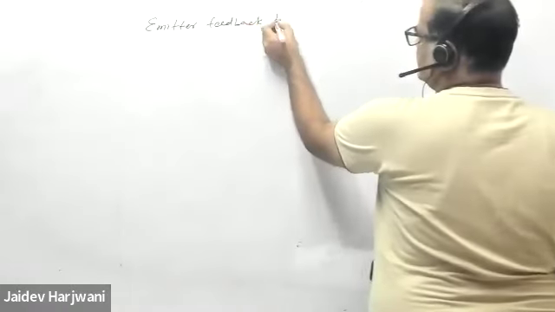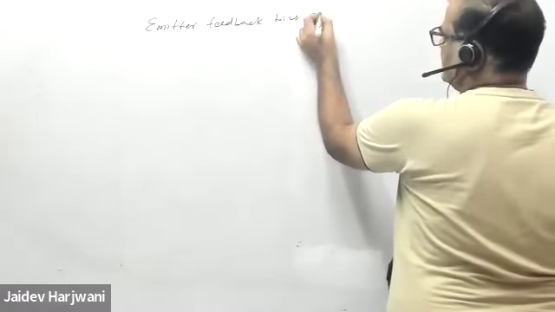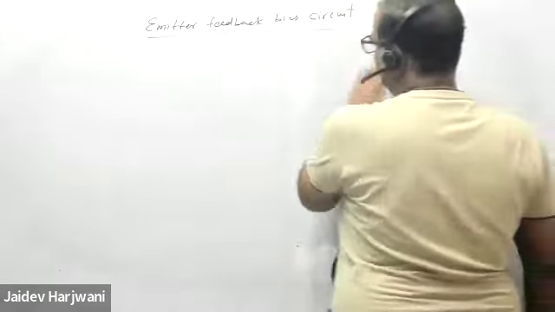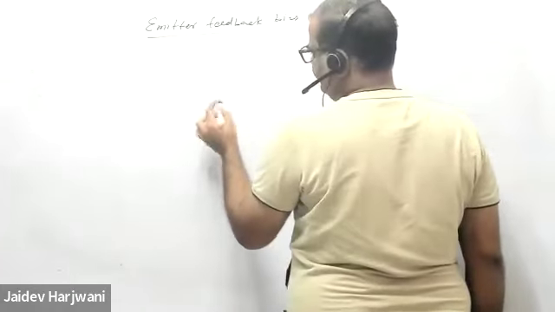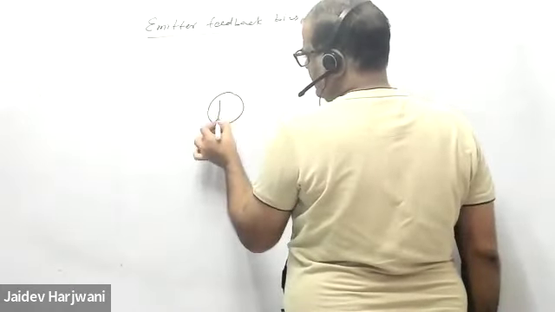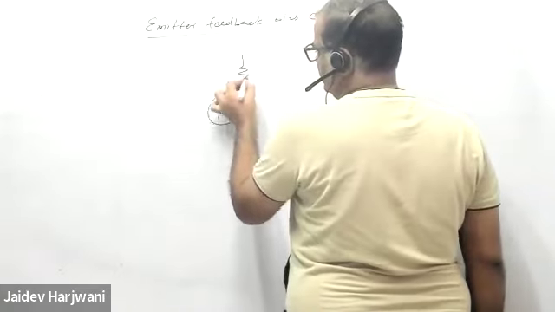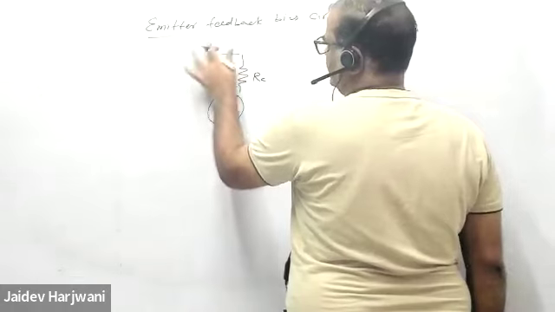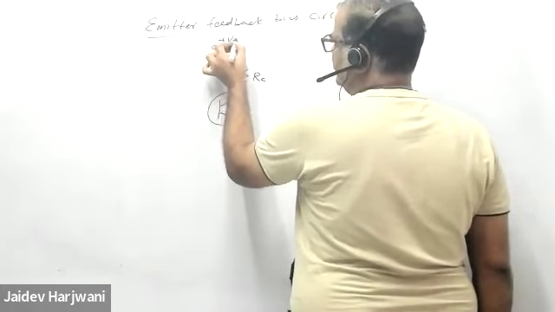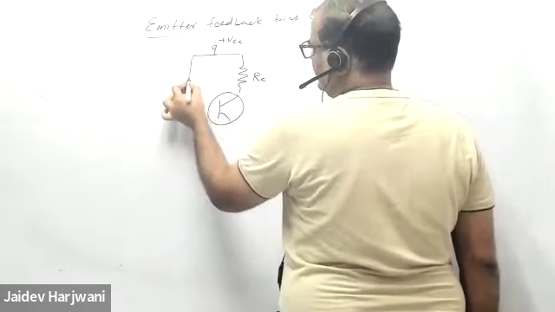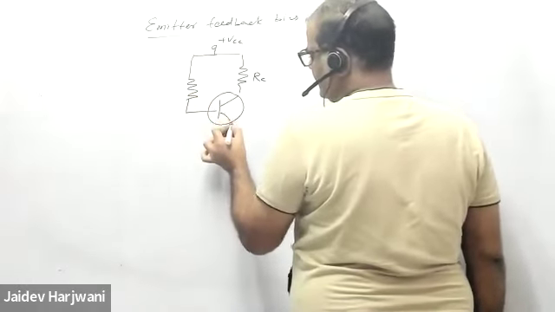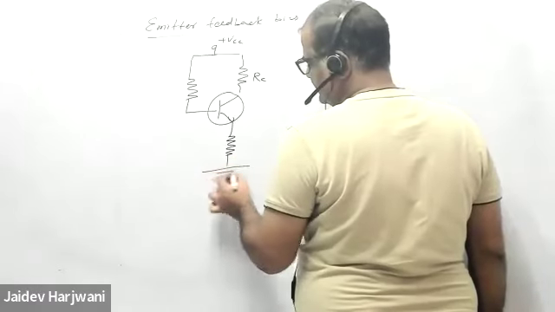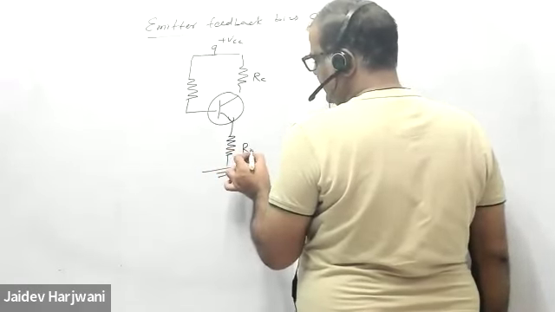Emitter feedback bias circuit. Now, in emitter feedback bias circuits, you have RC, you have power supply VCC, and then you have one resistance RB, and in the emitter you have one more resistor, which is called RE.